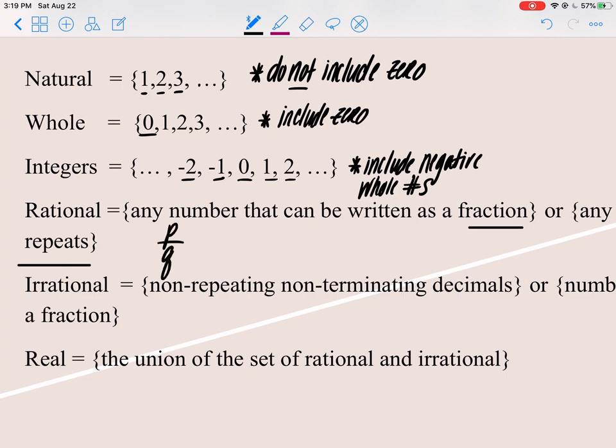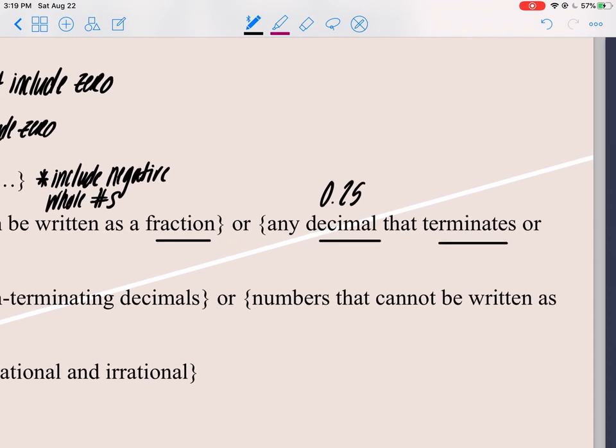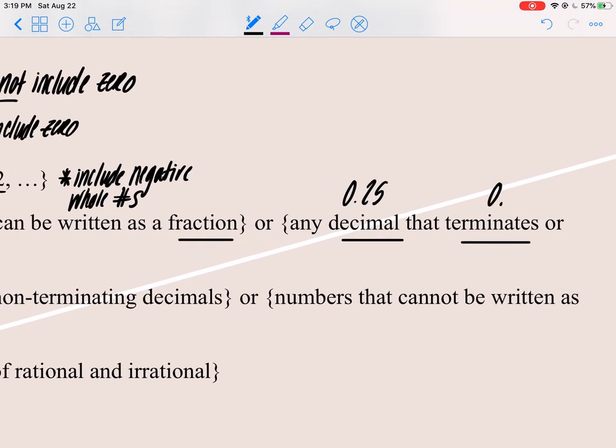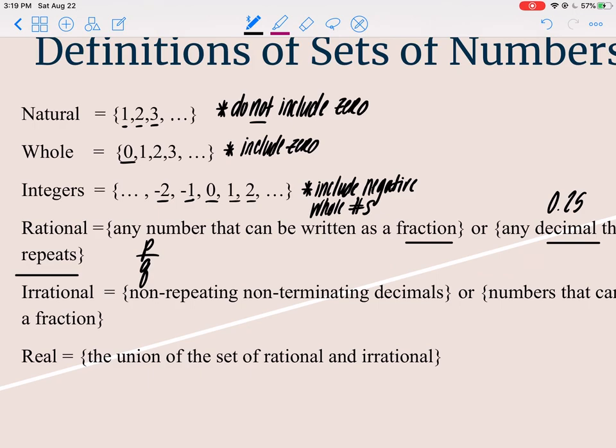We could call those numbers p divided by q as a fraction, or it is a terminating decimal, so like 0.25 that ends, okay, or a repeating decimal like 0.7 repeating, because there's a pattern to that and it can be written as a fraction ultimately.